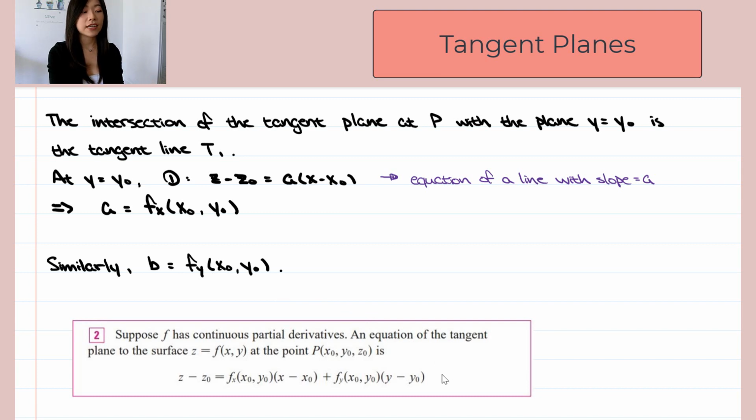So suppose f has continuous partial derivatives, then the equation of the tangent plane to the surface z equals f of x and y at the point x0, y0, and z0 is this equation here: z minus z0 equals the constant A that we defined, which is the partial derivative of the function with respect to x at the point x0 and y0, times x minus x0, plus the constant B, which is the partial derivative of f with respect to y at x0 and y0, times y minus y0.